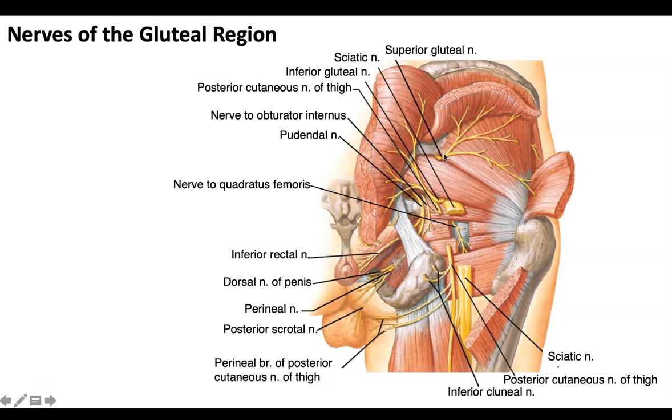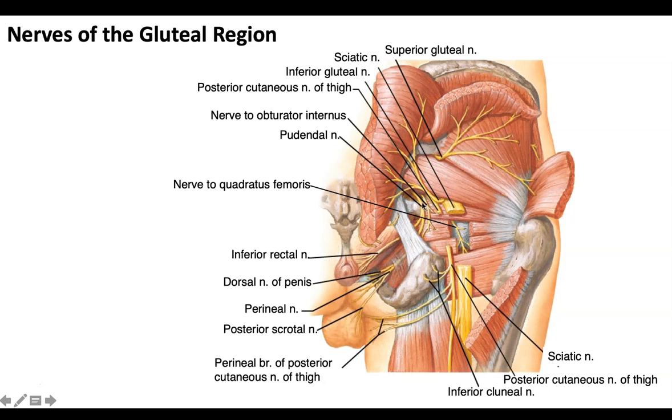The superior gluteal nerve courses in between the gluteus medius and gluteus minimus muscles. It supplies the gluteus medius, gluteus minimus, and tensor fascia lata. The three superficial gluteal muscles get their nerve supply from the superior gluteal nerve.